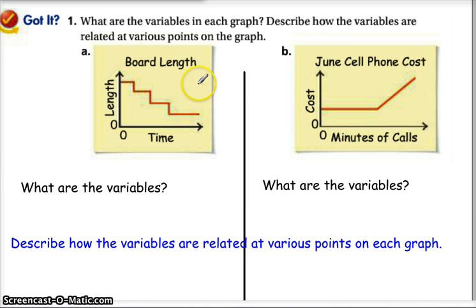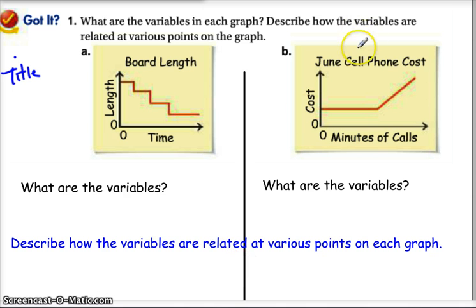Okay, try this. What are the variables in each graph? Describe how the variables are related at various points on the graph. Remember the steps. Read the title first. Think about what that means. And then look at what is on the x and the y-axis. In this case, time is increasing, but the length of this board... What is happening here?